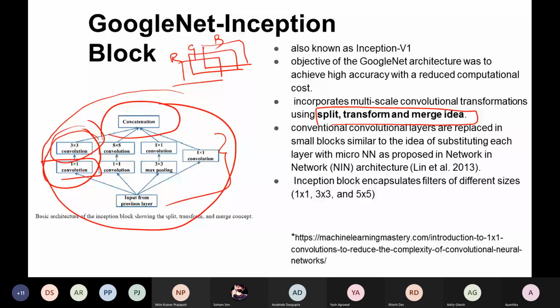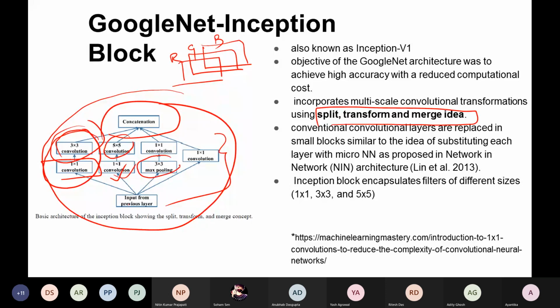Then you are applying some 3x3 convolution. Next one, again you do the same, and then you apply another type of 5x5 filter, a separate filter, and again a different convolution. Then you do some max pooling.